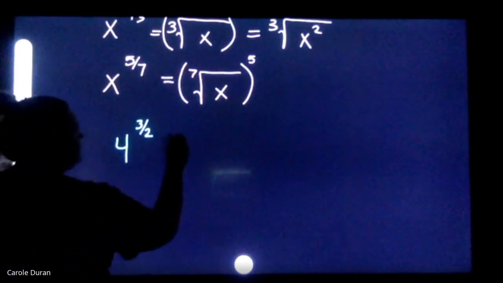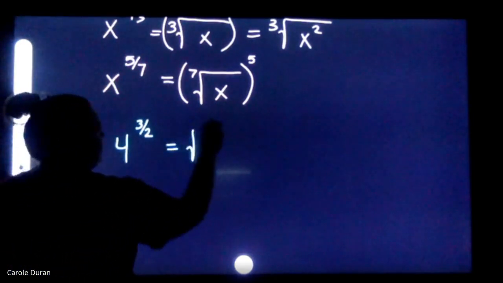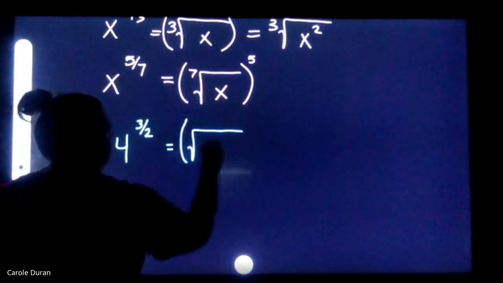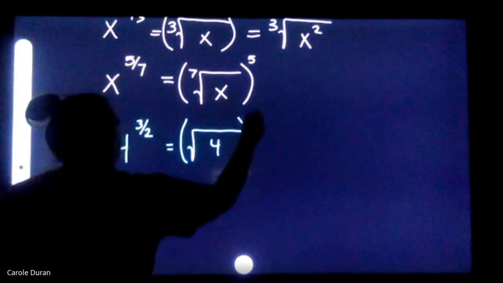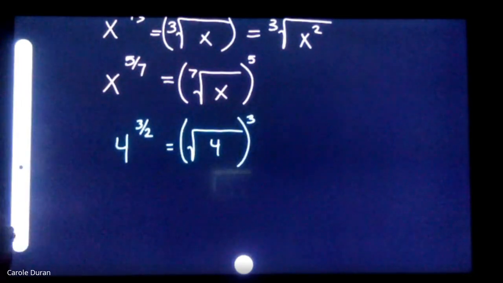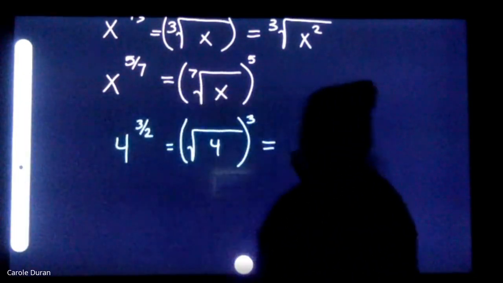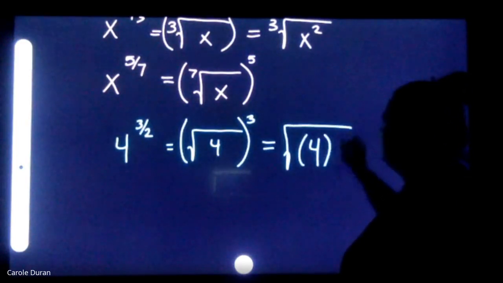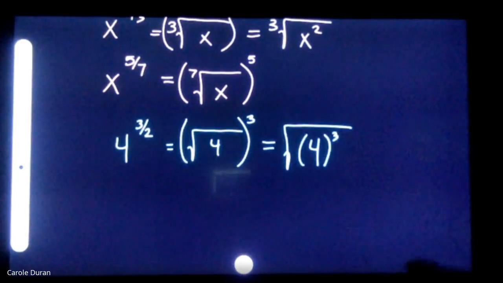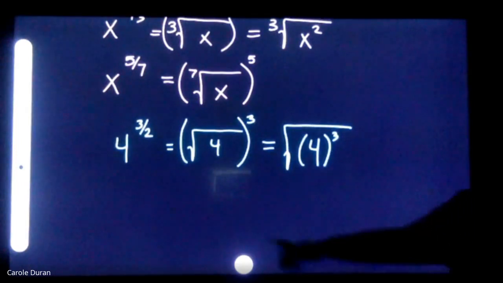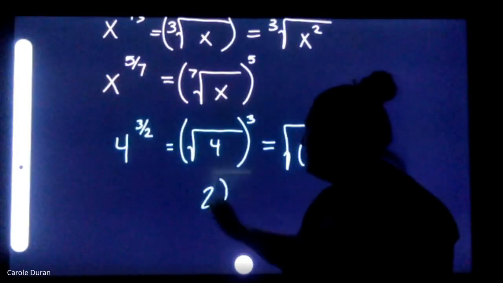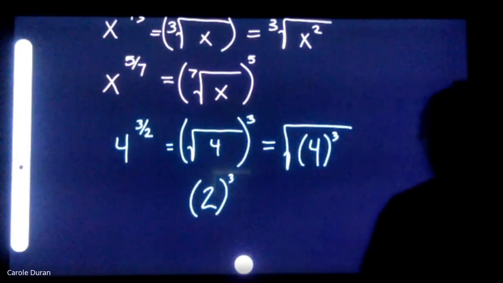So this would be the square root of 4 and then cubed. Or, remember, it can go both ways. It could also be the square root of 4 cubed. Either way, it's still going to come out to the same answer. What's the square root of 4? 2. And then I cube 2, and I get what? 8.